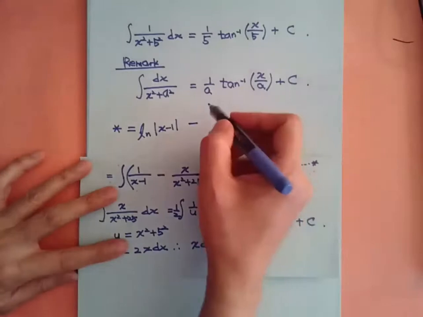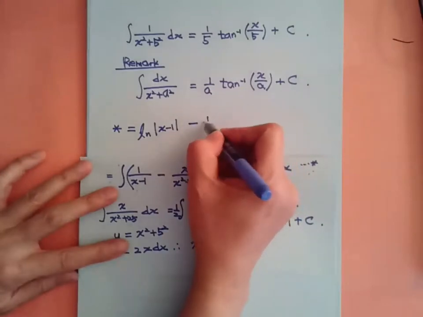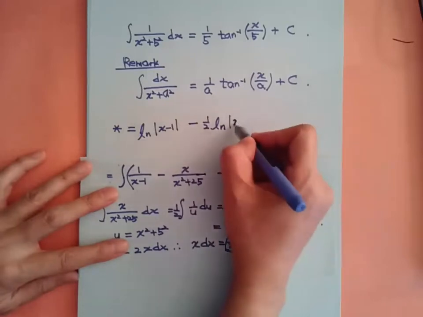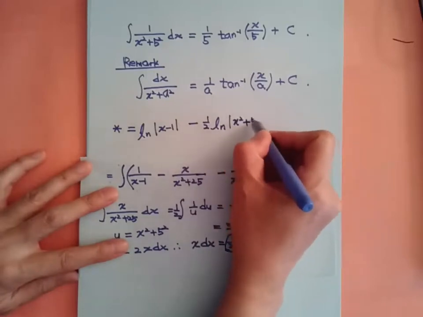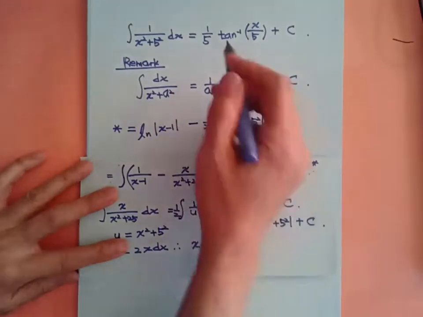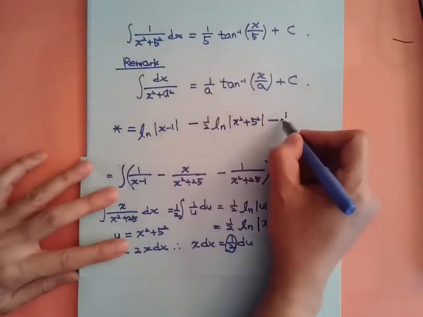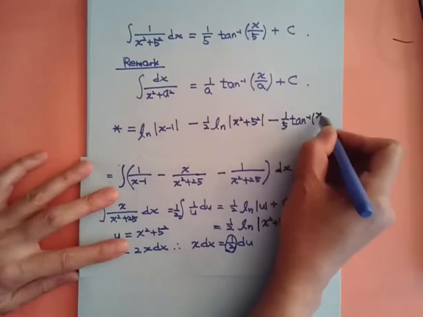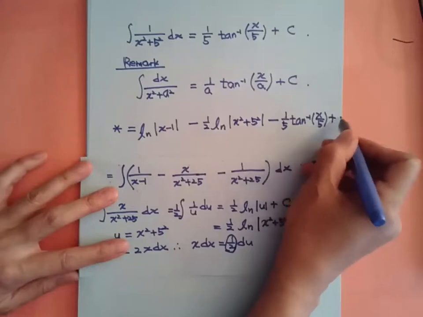And that is 1 over 2 natural log of absolute value of x squared plus 5 squared, minus, which came from here, and the last term is minus 1/5 tangent inverse of x/5 plus c.